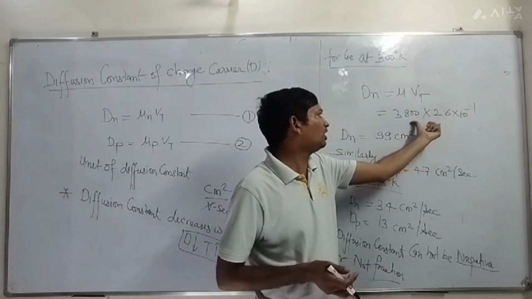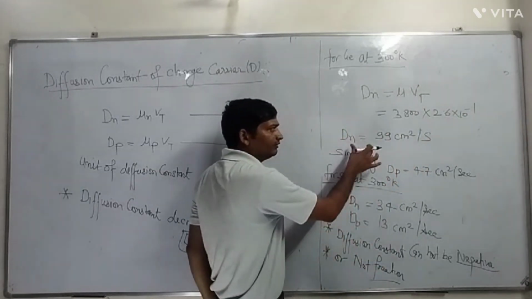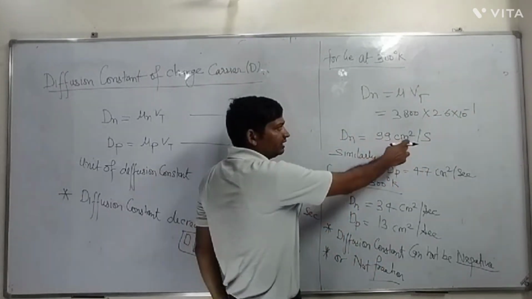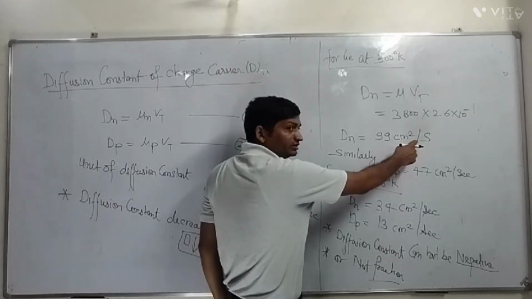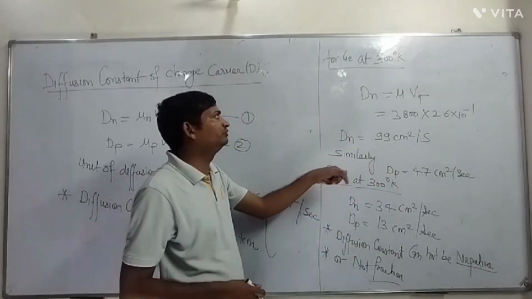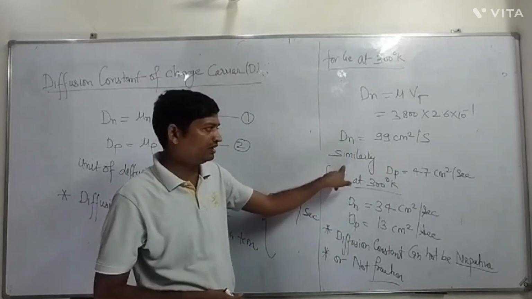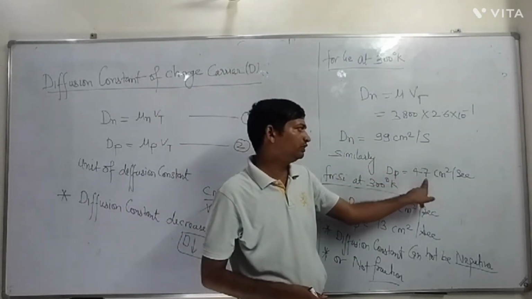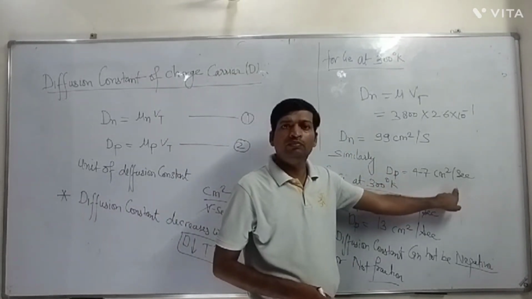Put the values and solve, and we find Dn is equal to 99 centimeter square per second. Similarly, for p-type material, Dp is equal to 47 centimeter square per second.